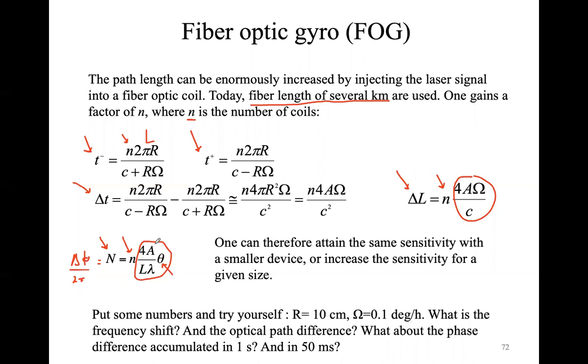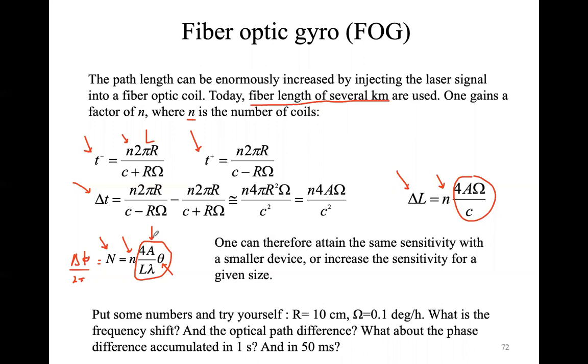And so you can design a gyroscope with the same sensitivity as a ring laser gyroscope with a very limited area, or, by using the same area, with a definitely higher resolution of your instrument.